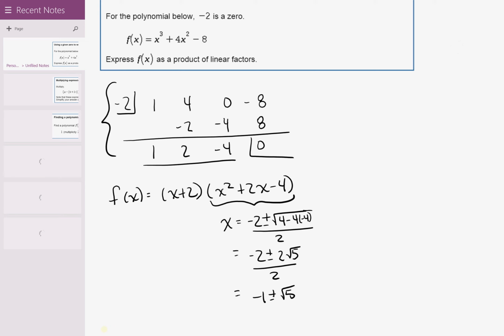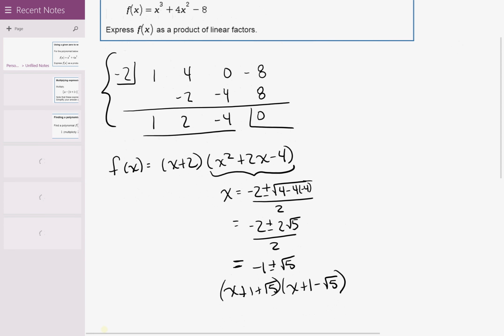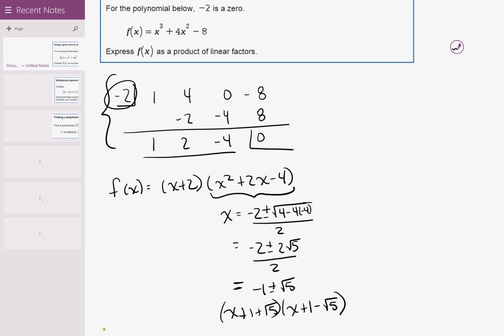So my factors here are x plus 1 plus the square root of 5 and x plus 1 minus the square root of 5. Remember, if -2 is the zero, then x plus 2 is the factor.